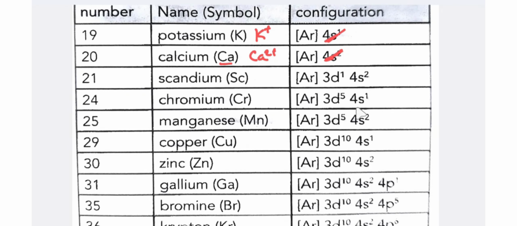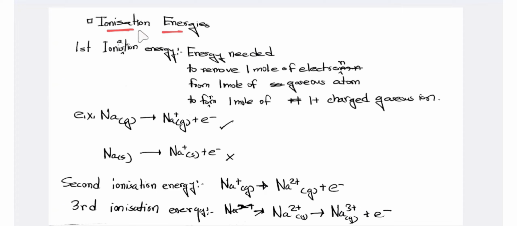Energies. So first ionization energy. Suppose for sodium in gaseous state, sodium forms sodium plus ion and 1 electron is removed. The first ionization energy is the energy needed to remove 1 mole of electrons from 1 mole of gaseous atoms.